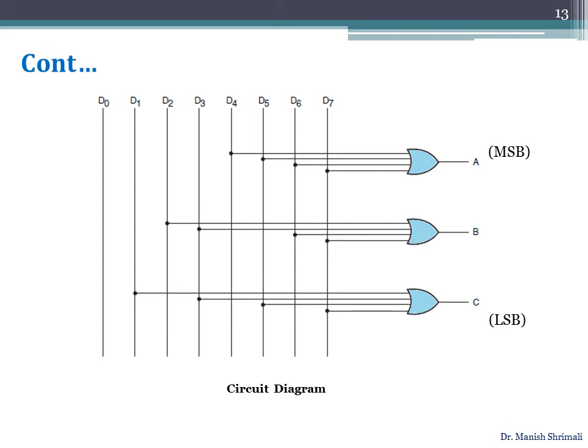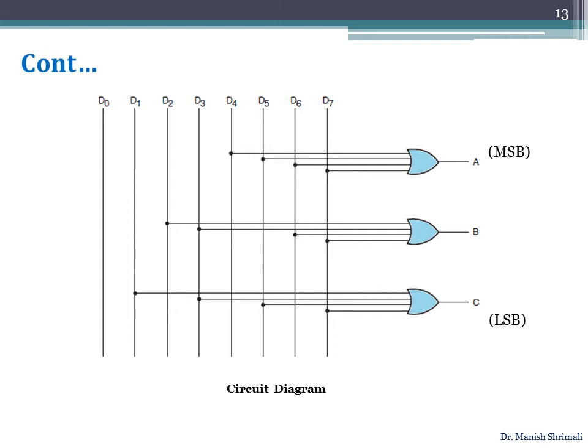Next, when D2 input is given, the middle OR gate is connected to the D2 input, resulting in the code 0 1 0. When D3 input is supplied, D3 is connected to both the middle gate and the last one, so the output will be 0 1 1.